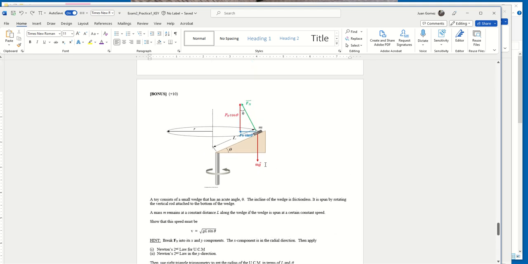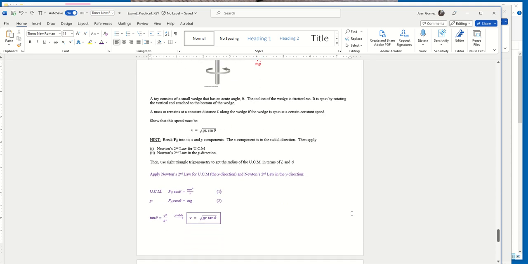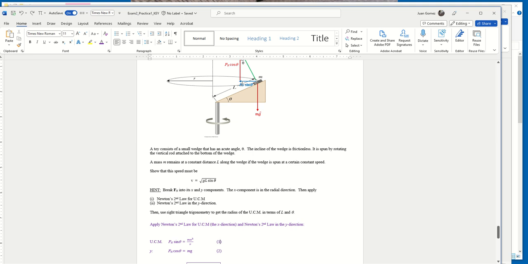The positives must equal the negatives. It's not moving in the y direction. So I know Fn cosine theta equals mg, and I know that Fn sine theta must equal mv squared over r.